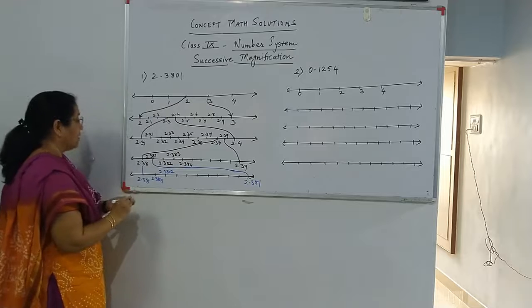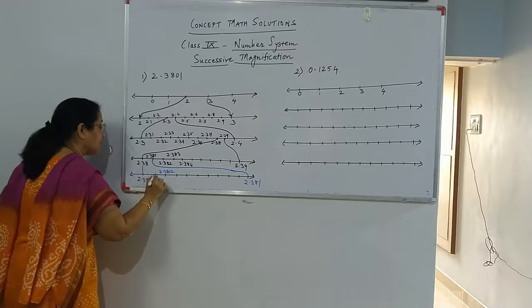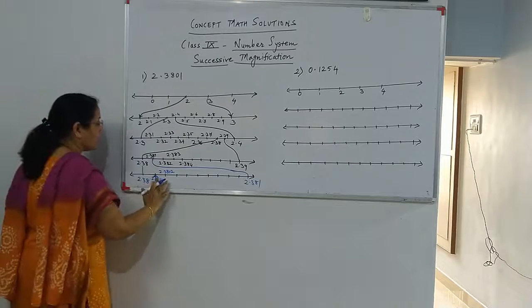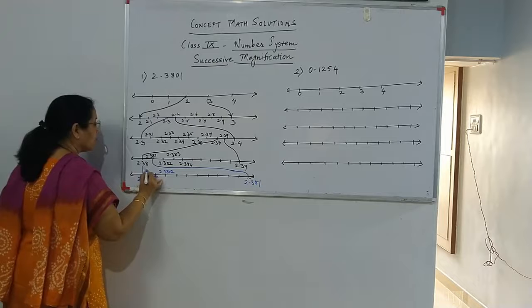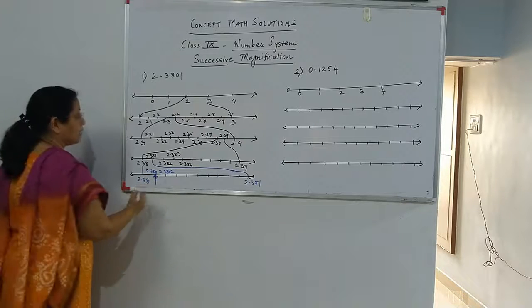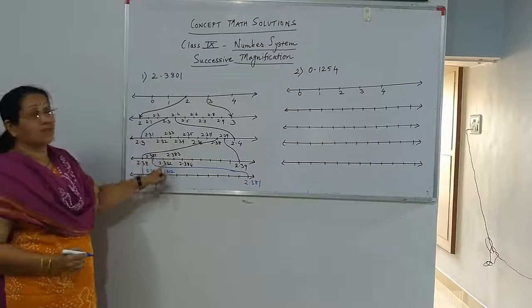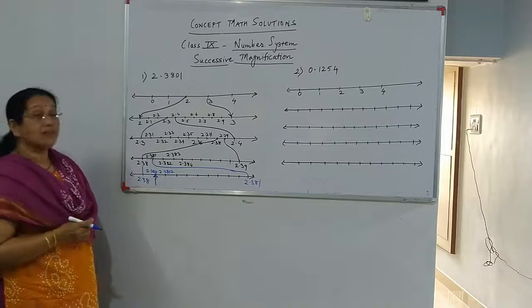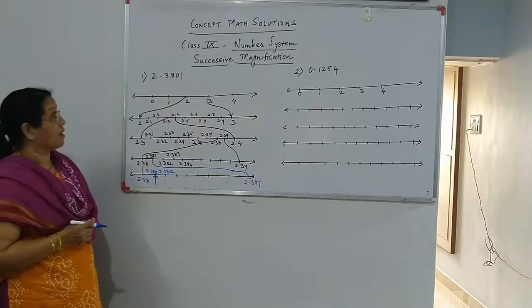We have got our target. This is the number which we want. Write it clearly, 2.3801. That is locating the number by successive magnification. Stepwise we are magnifying the number line to locate a number.